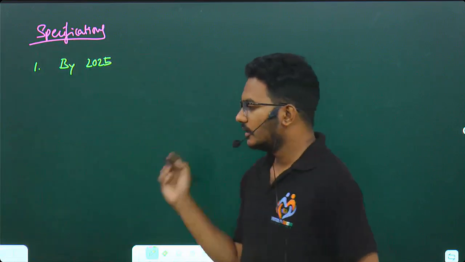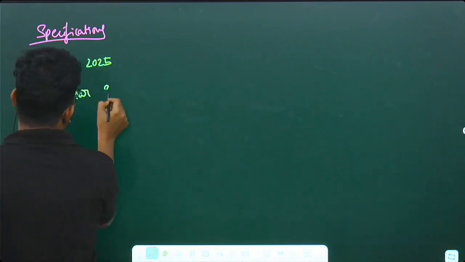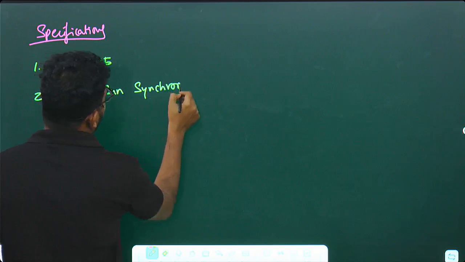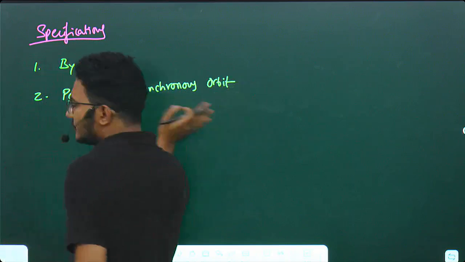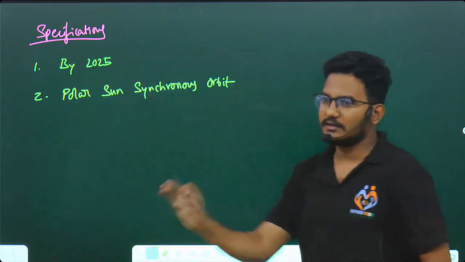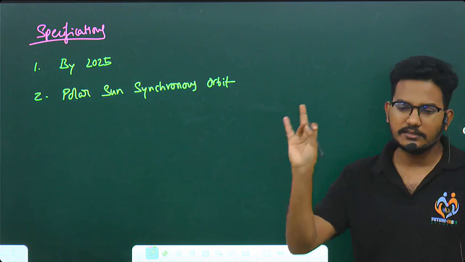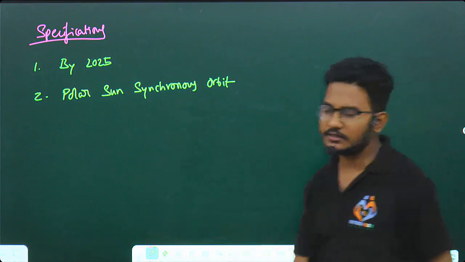Second one, orbit: polar sun synchronous orbit. Understood this one? It is an Earth observation satellite, so obviously we have to launch either in a polar orbit or a polar sun synchronous orbit. So here they are choosing the best one, which is the polar sun synchronous orbit.